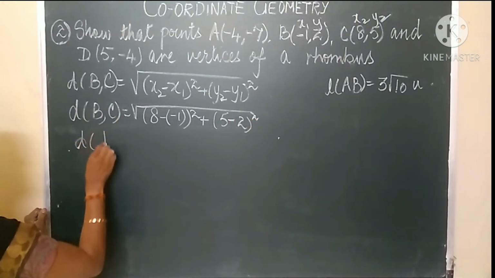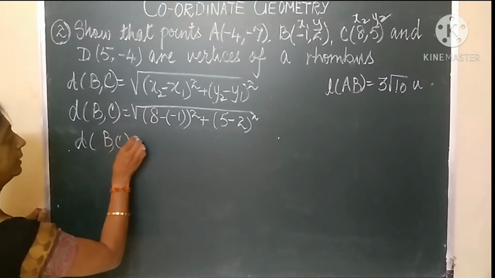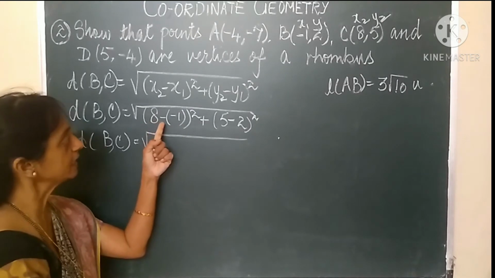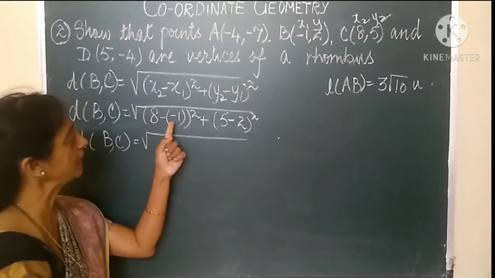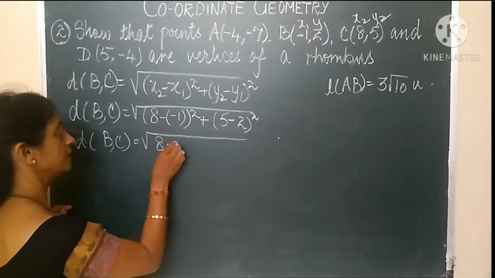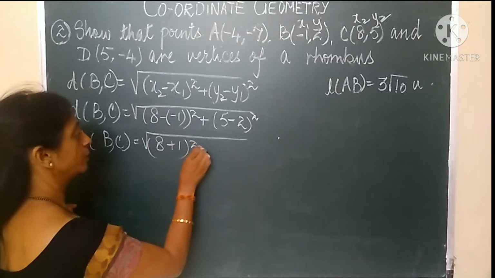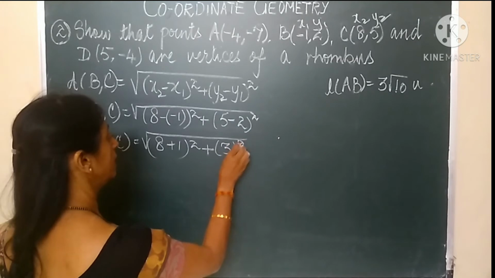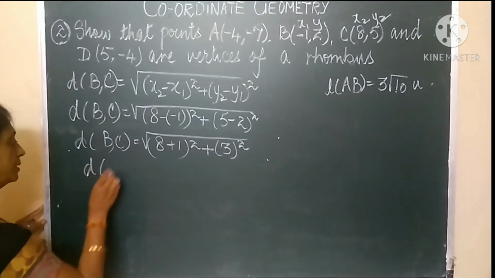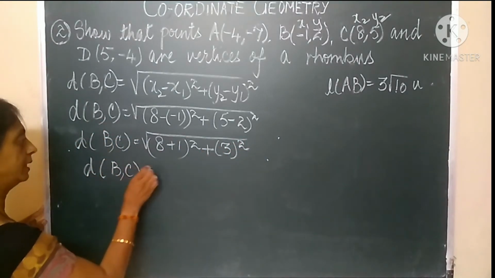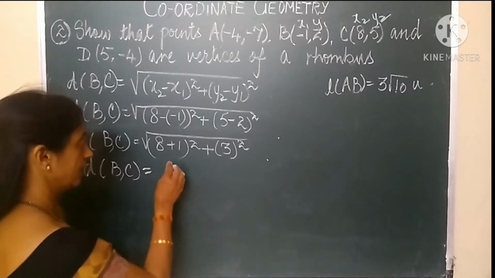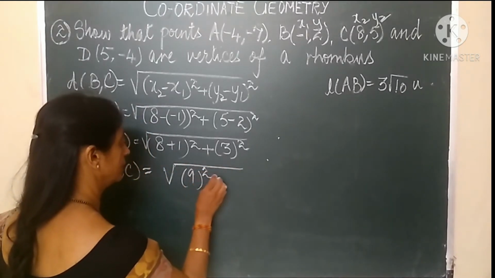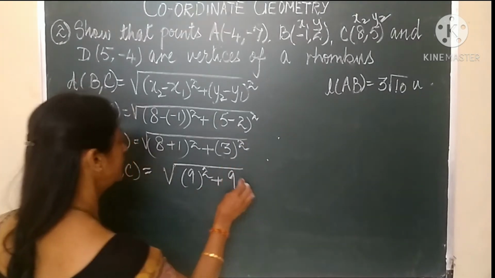So distance BC will be equal to square root of, let's solve inside the bracket, 8 minus into minus gives us plus 1. So 8 plus 1 the whole square plus 5 minus 2 gives us 3 the whole square. So distance BC will be equal to 8 plus 1 is 9 plus 3 square is again 9.